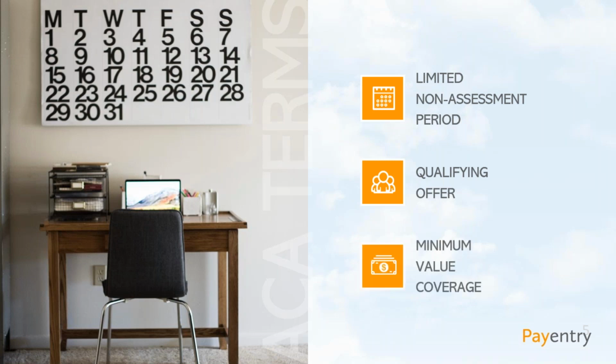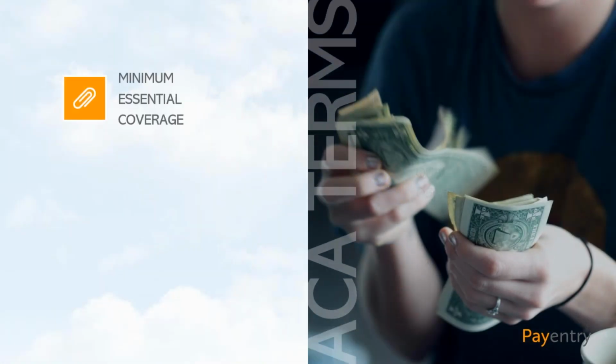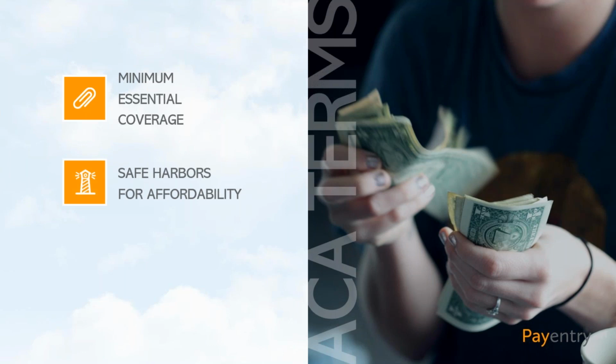Minimum value coverage is the next term we're going to identify, along with minimum essential coverage, and safe harbors for affordability. There are 3 of them: federal poverty level, the rate of pay, and the W-2. It's important for you to know which of these your company uses, because when you report, you use a certain code for those.